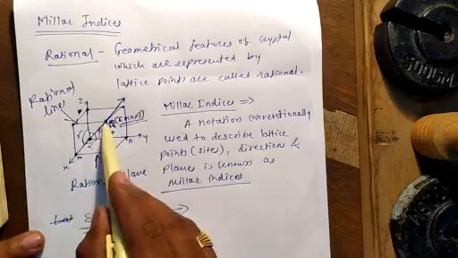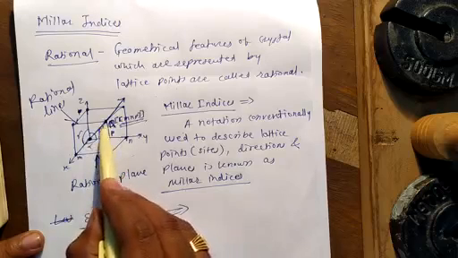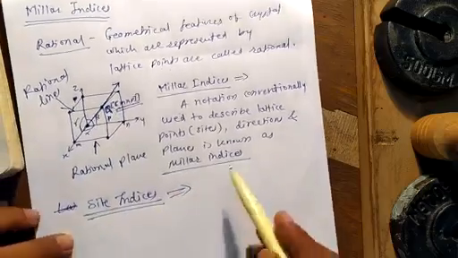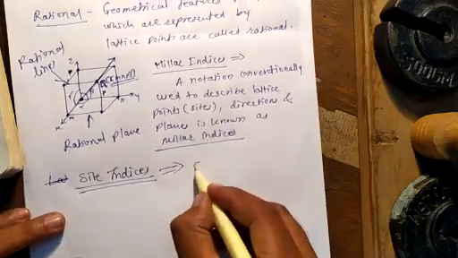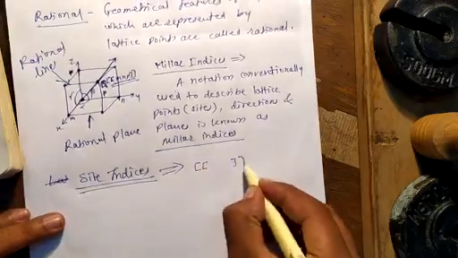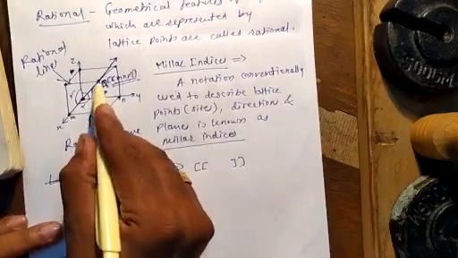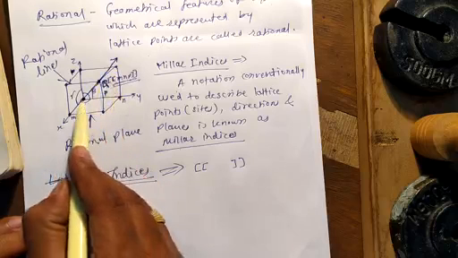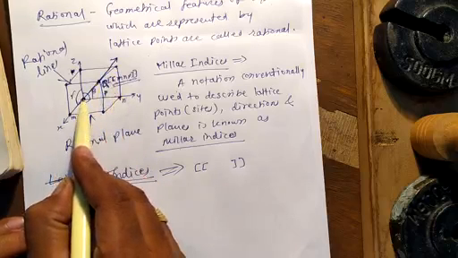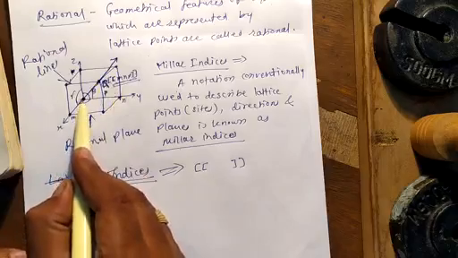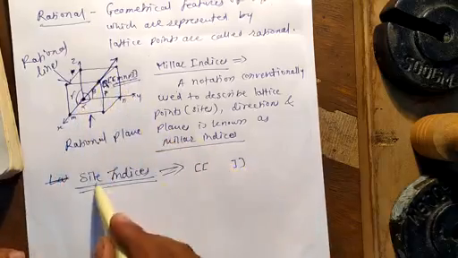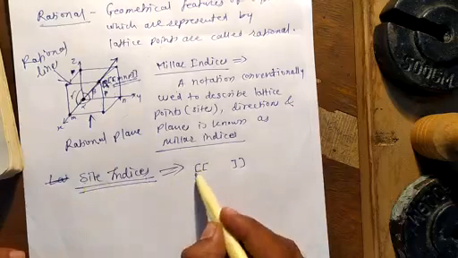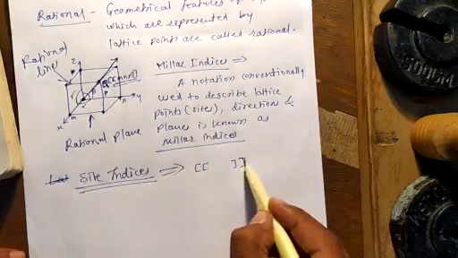Similarly, if in double square bracket we represent the coordinates of any lattice point with respect to the reference point or the origin, then that point is called the site. Those coordinates represent the site indices.